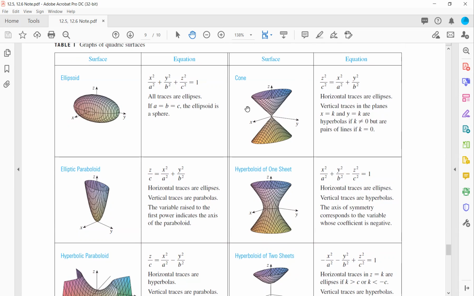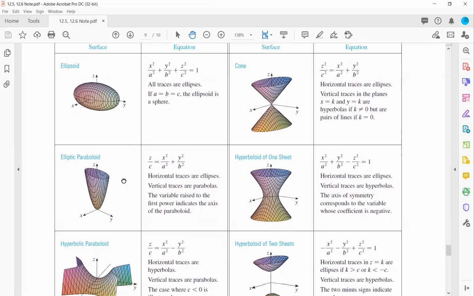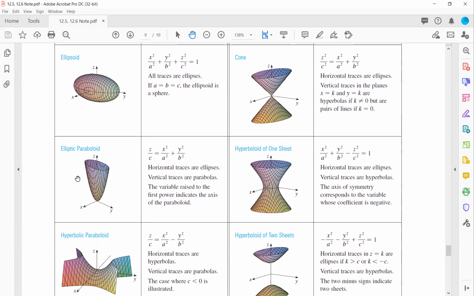If you have a shape like this, we call it a cone. The equation of a cone is z squared over c squared equals x squared over a squared plus y squared over b squared. When you have a shape like this, we call it an elliptic paraboloid.